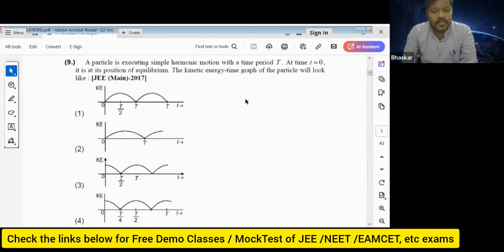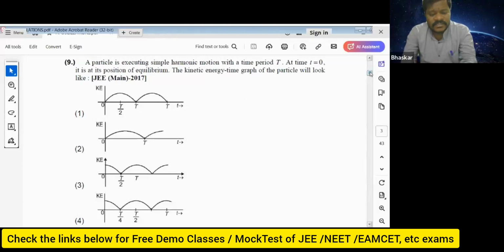Then the kinetic energy is basically at the equilibrium position. Once it is displaced up to the end points and then released, you should have a feeling of how best it is suitable to this graph.